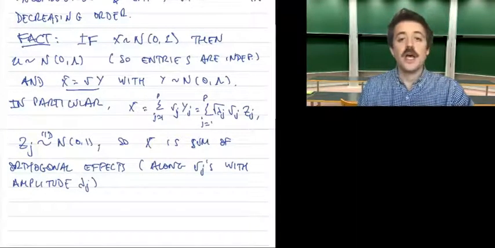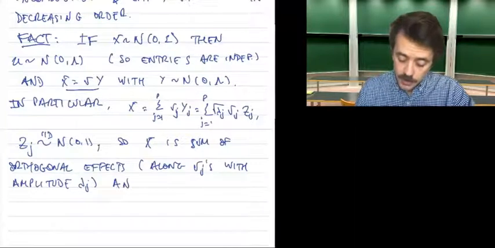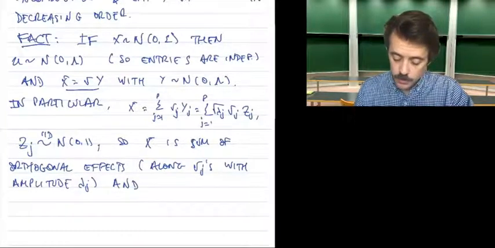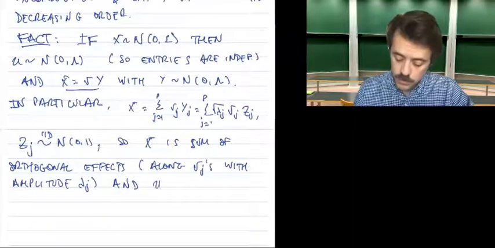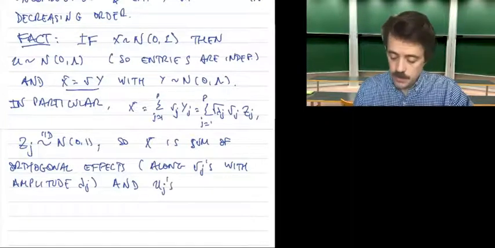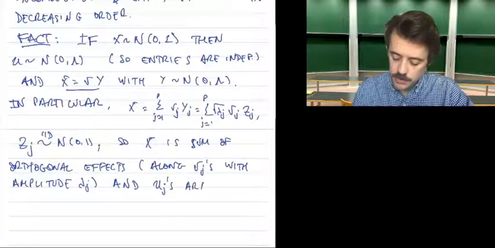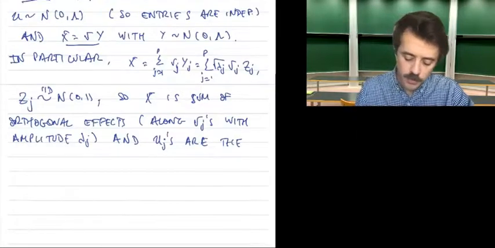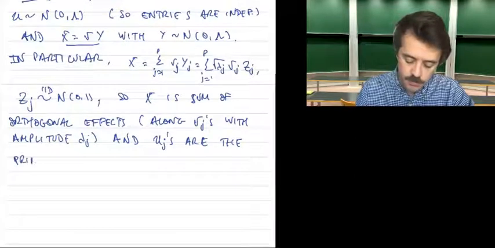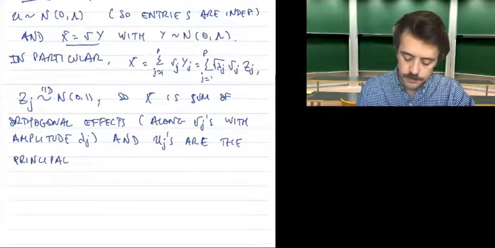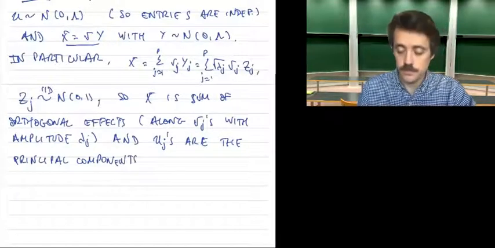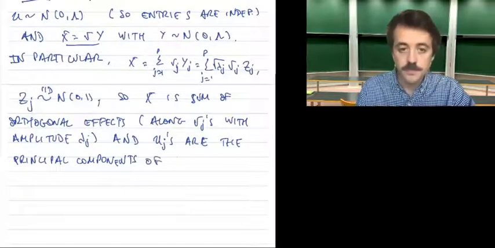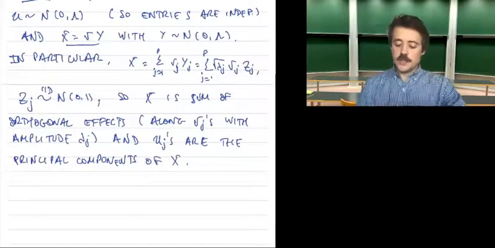And the other thing that we can say is that the Uj's are called the principal components of this X.